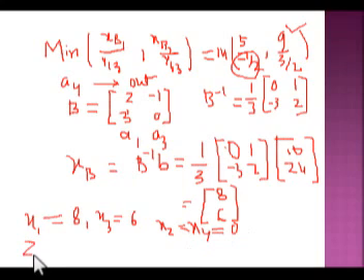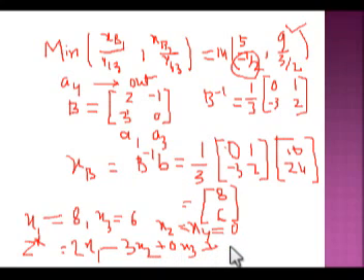Z maximized Z will be, if we put here again 2x1 minus 3x2 plus 0x3 plus 0x4, then putting these basic and non-basic variables, what we will get?